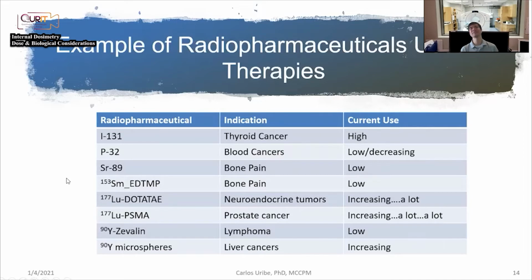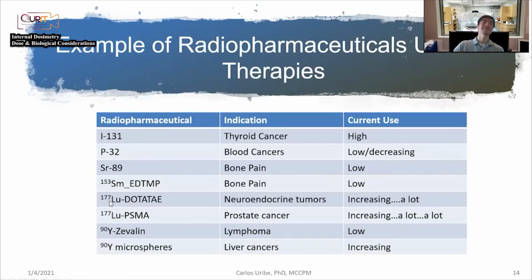These are some examples of radiopharmaceuticals that we use in this type of therapies. There's a table there, but we use iodine for thyroid cancer, and the growth has been going up. We've used other tracers for blood cancers and bone pain, for which the current use is decreasing or is low.